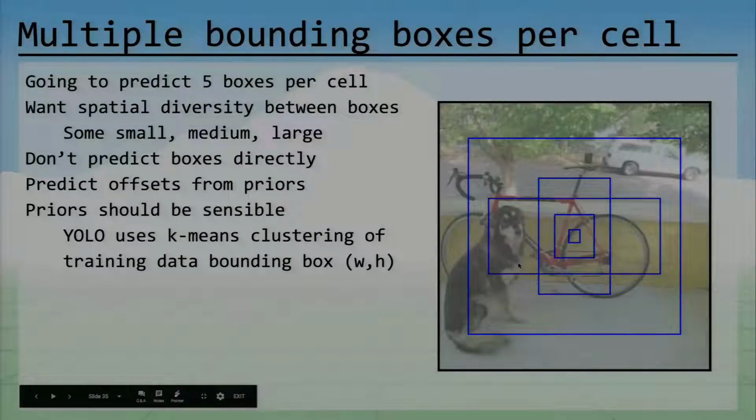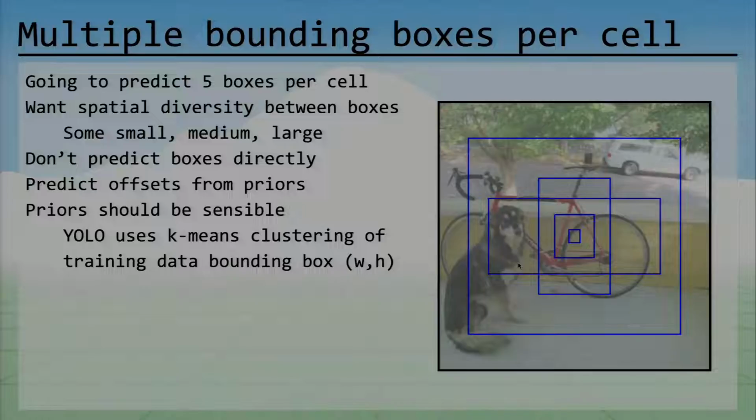So what we do is use k-means clustering on the training data. We look at the bounding box width and height and cluster it into, in this case, 5 different clusters, but you can imagine a range of different k's that you can use. And from that, we can recover the general sizes of objects that we would expect to see in our data set, and we can use those as priors for bounding box sizes that we might predict.